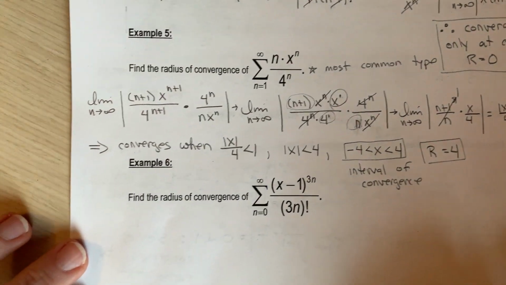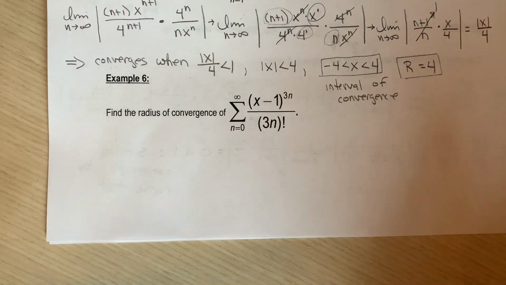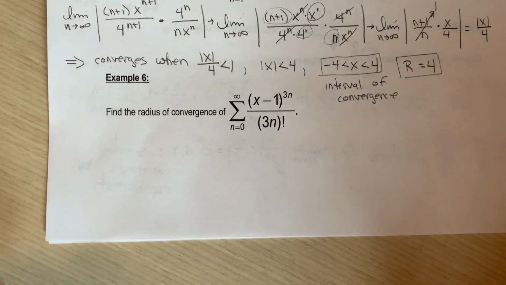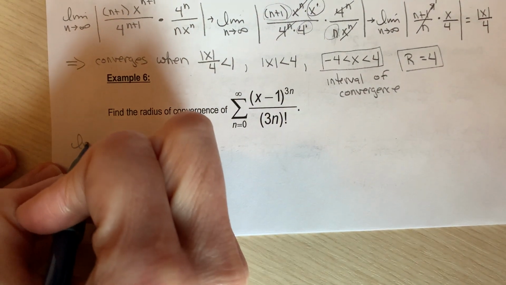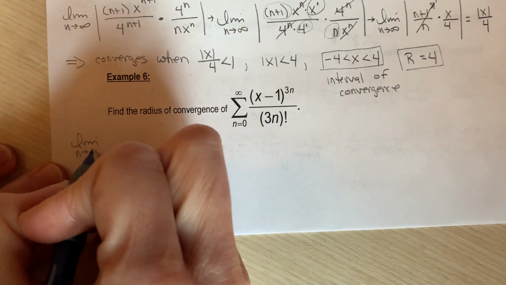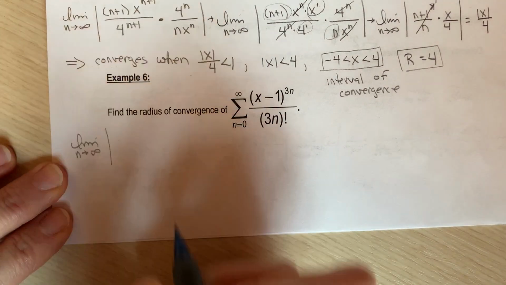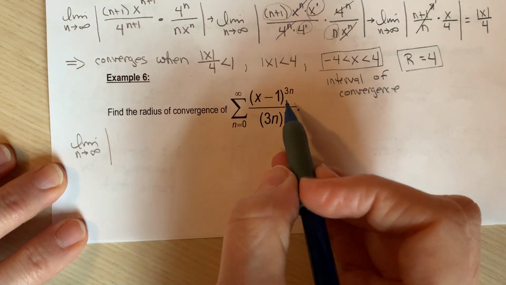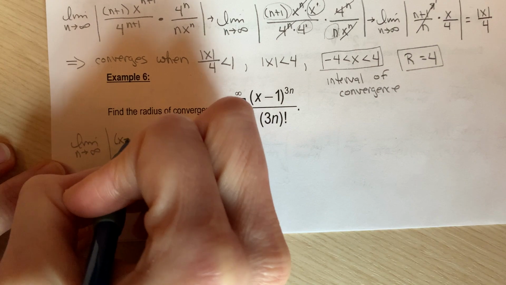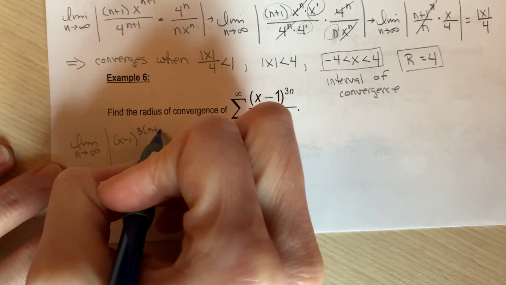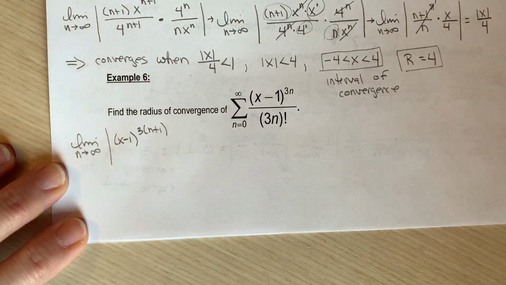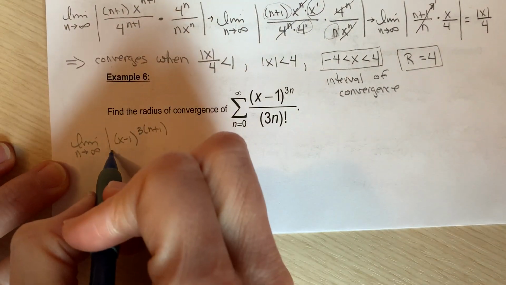Okay, looks like we have one more. It's probably going to be the other case, right? Where the radius of convergence is infinity, because I think we're looking at one of each of these. All right, limit as n approaches infinity. A to the n plus 1 would be x minus 1 times 3 to the n plus 1. Make sure you write it like that, because you have to distribute that.